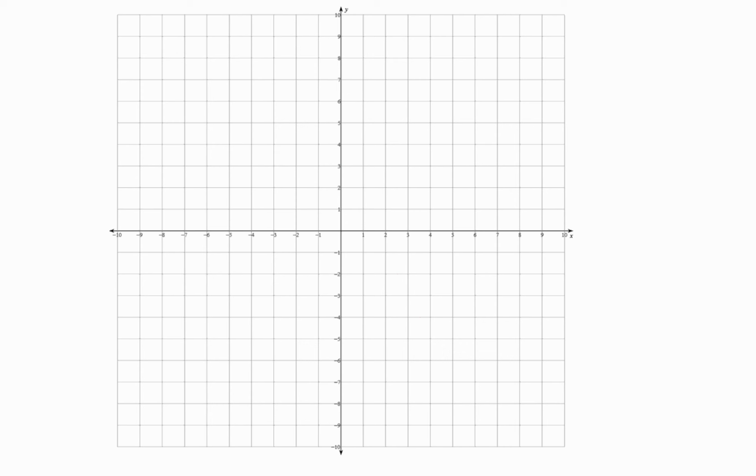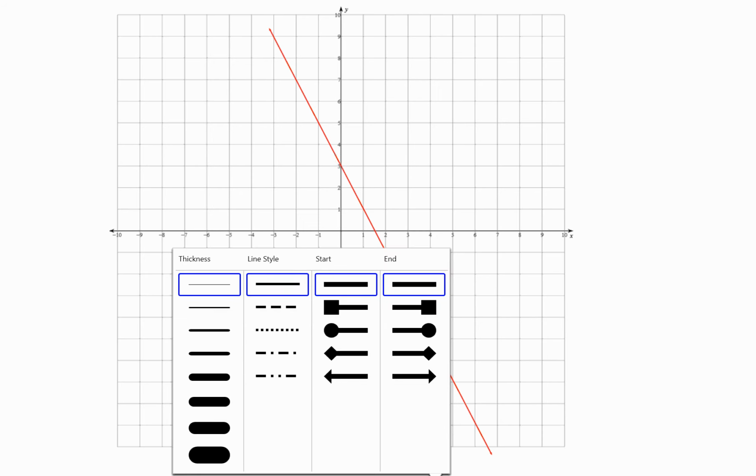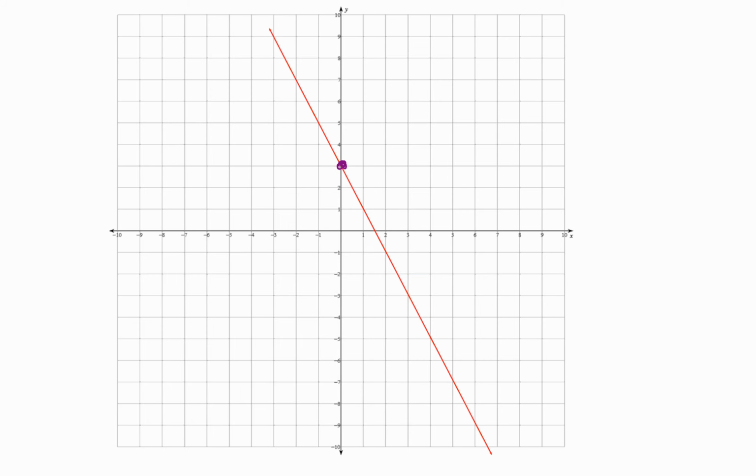Okay, so you've seen graphs of lines, and you have realized that determining the equation of that line isn't too bad, as long as certain parameters are met. Here's what I mean. If you look at this line that just popped up, you can pretty quickly pick out the y-intercept right here, and it's located at (0, 3). It's not that big a deal to get the slope.